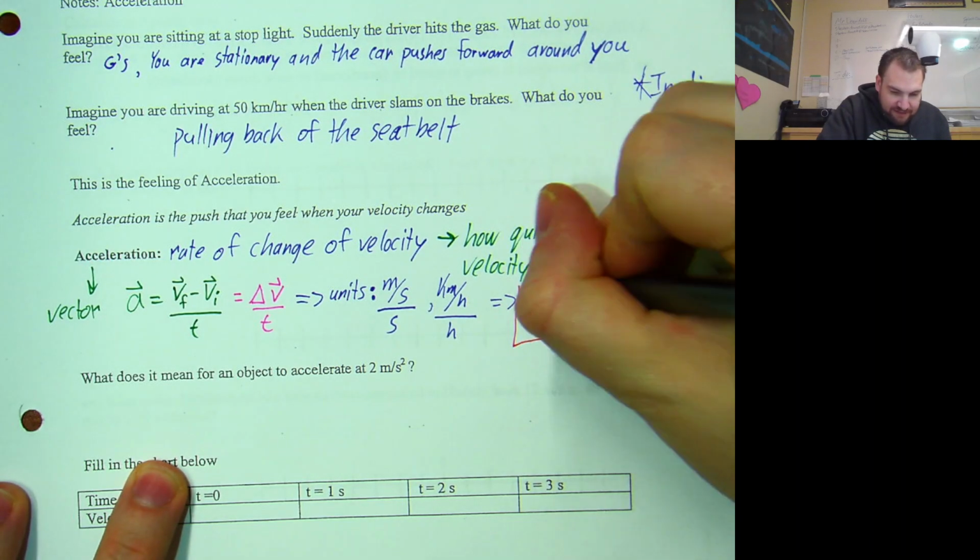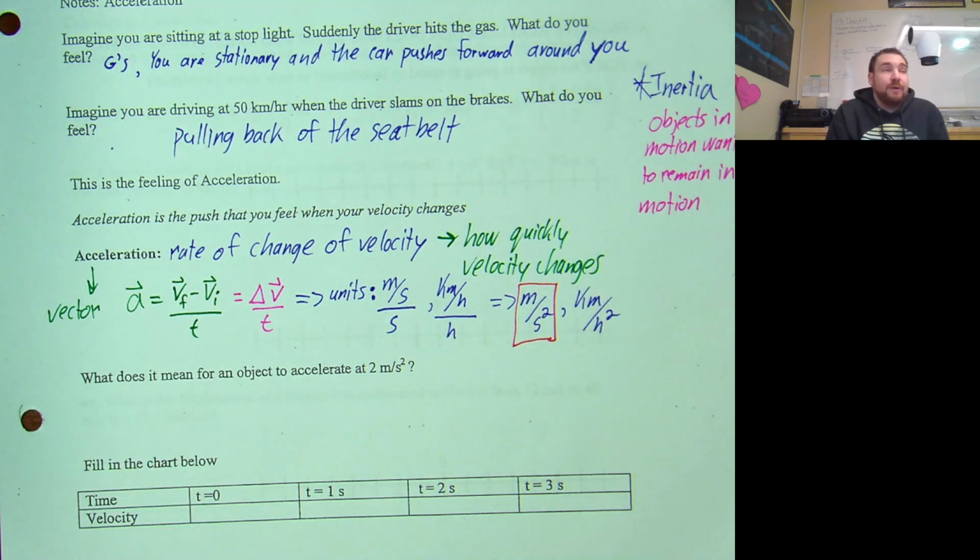This is the set of units that we use. I have never seen kilometers per hour squared because those numbers get ridiculous and really hard to wrap our brain around. Meter per second squared is typically the units that we use to describe acceleration.